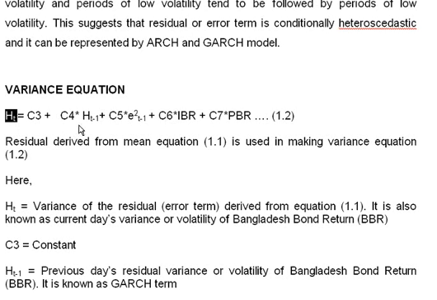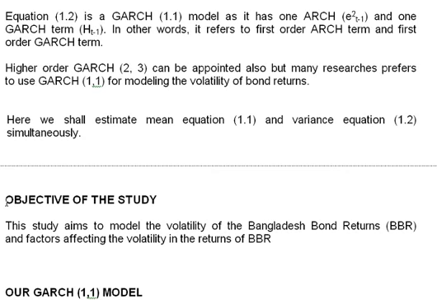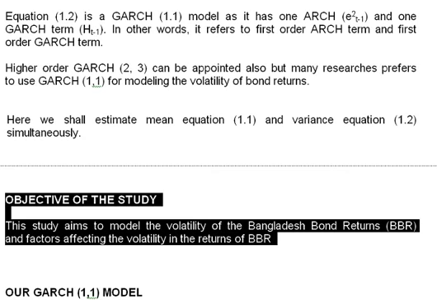So what are the factors affecting HT? Is it the GARCH term? Is it the ARCH term? Is it IBR? Or is it PBR? Or is it all of them that influence or contribute to the volatility of HT? So that is our objective of the study.